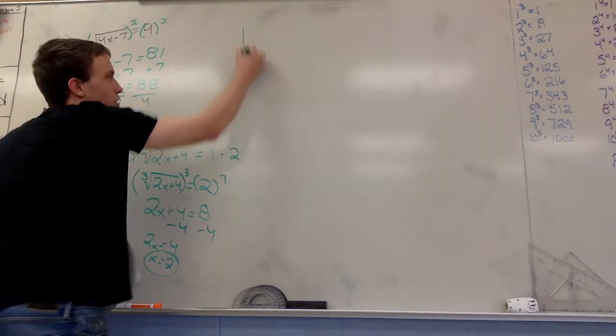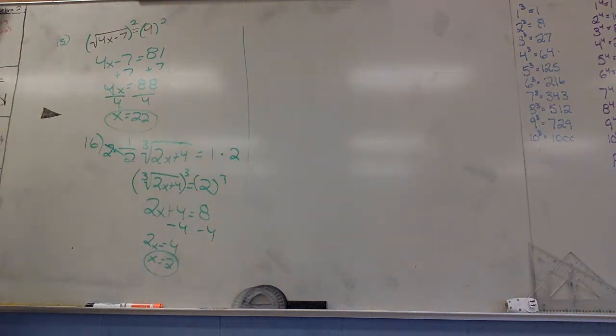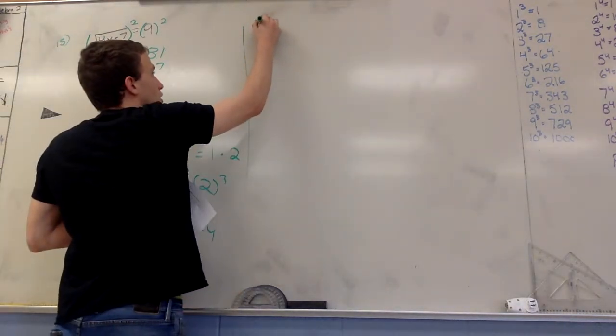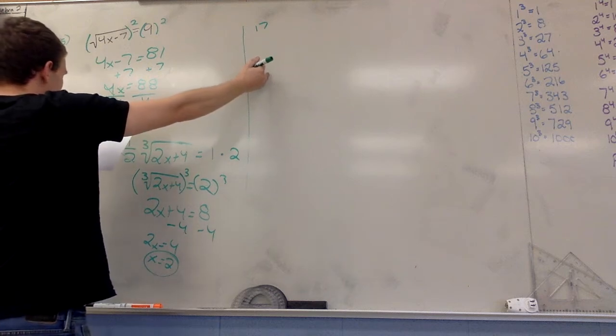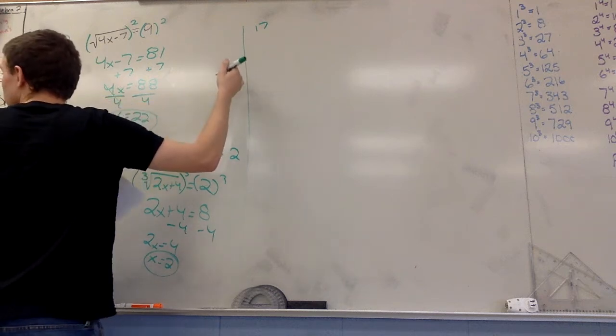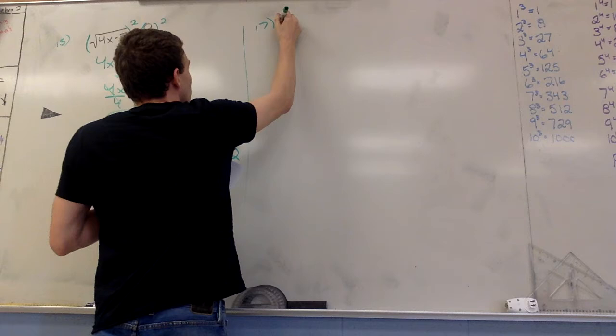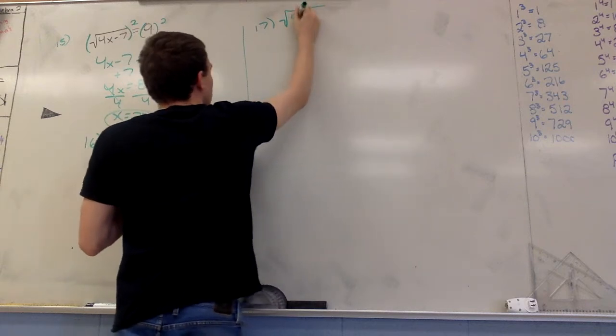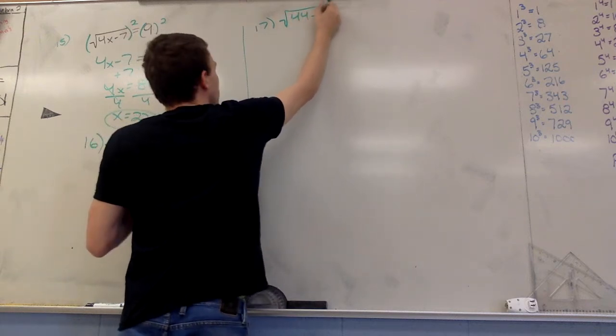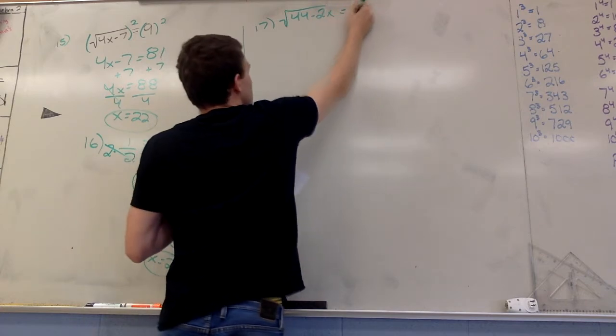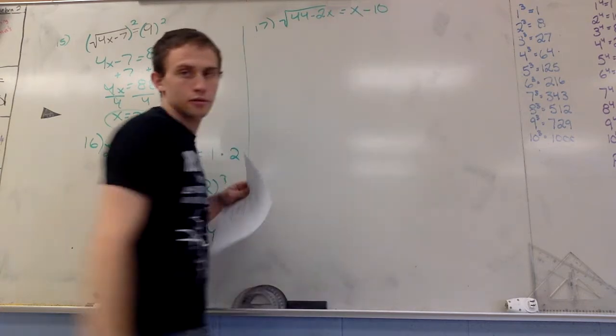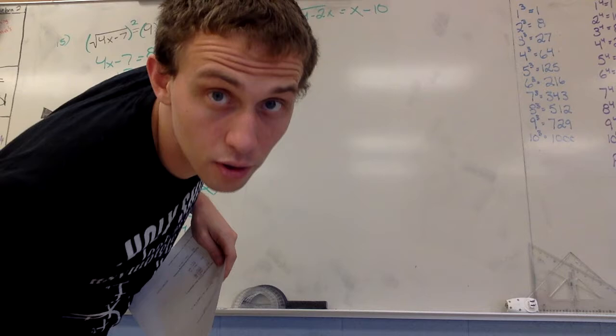Now 17 is where things start getting complex. 17 is probably one of the hardest problems on this page. So I'm going to have the square root of 44 minus 2x is equal to x minus 10. I can't really see that.